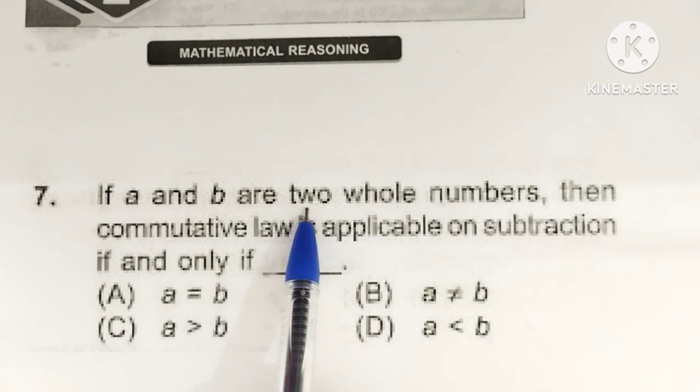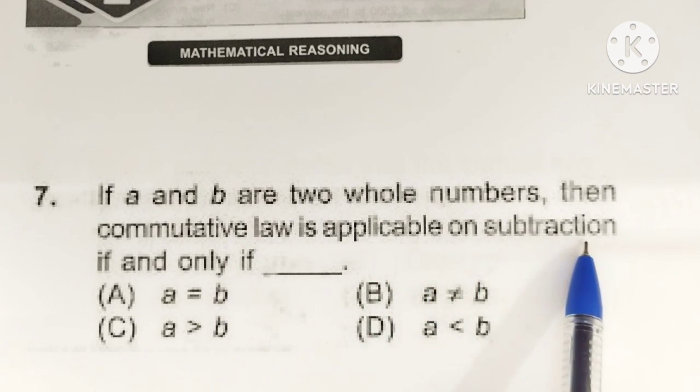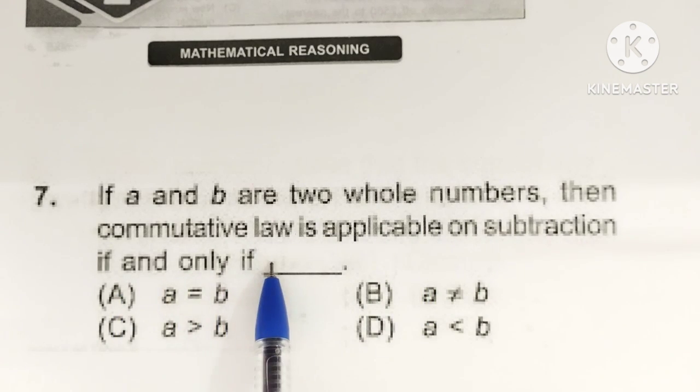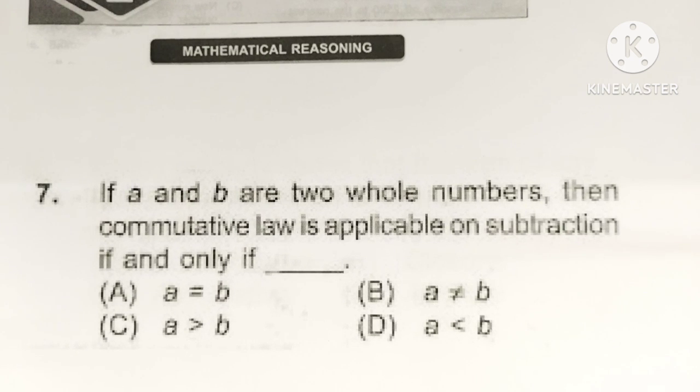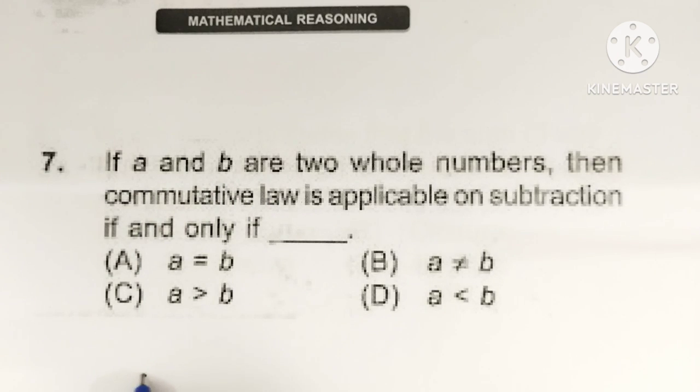If A and B are two whole numbers, then commutative law is applicable on subtraction if and only if. Take A, B belonging to whole numbers.